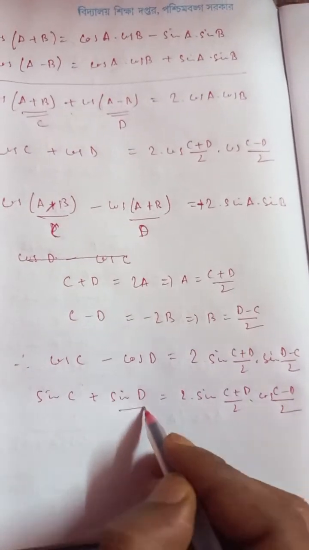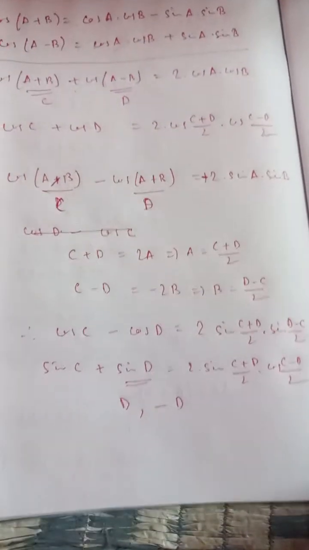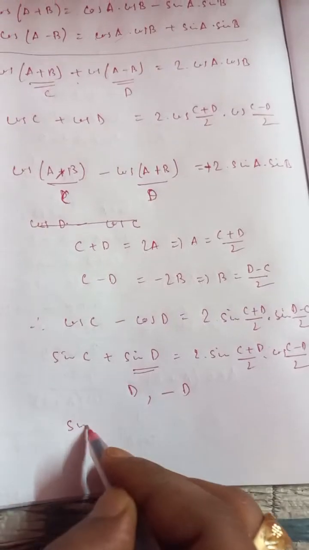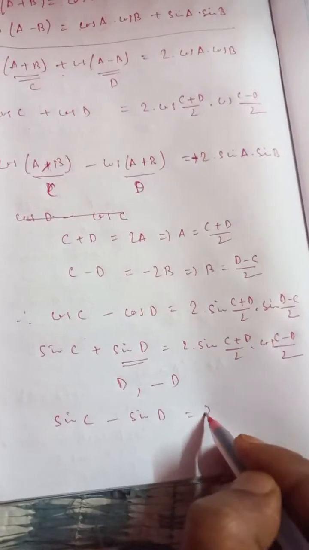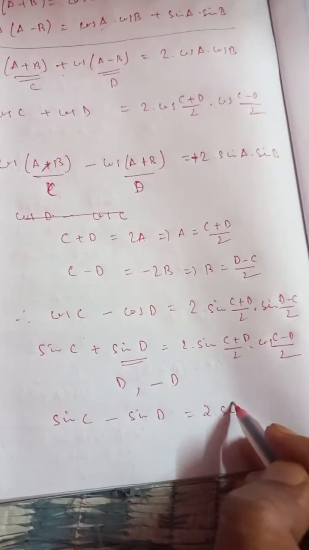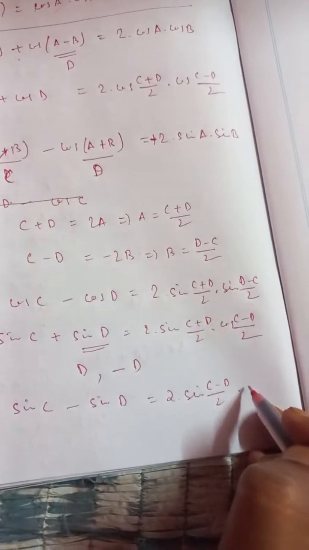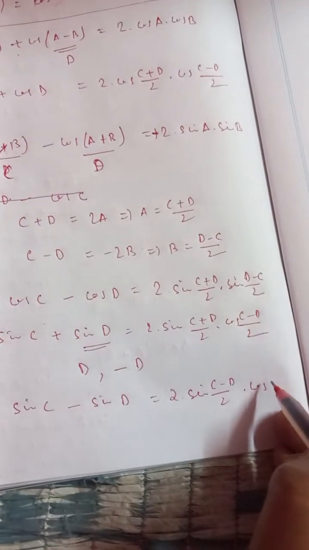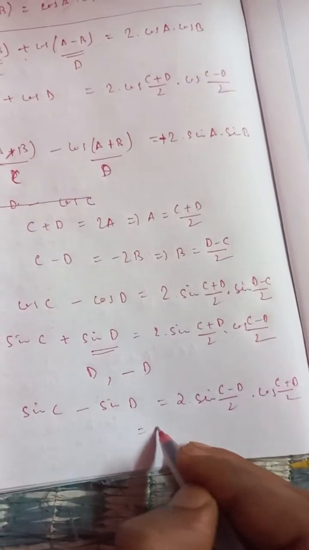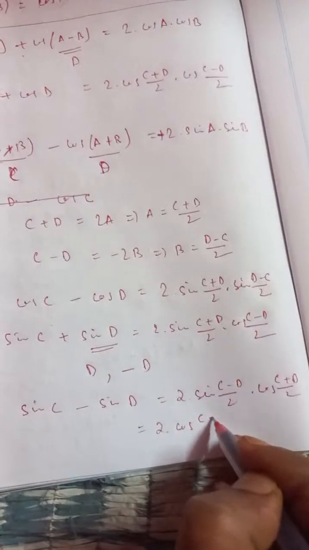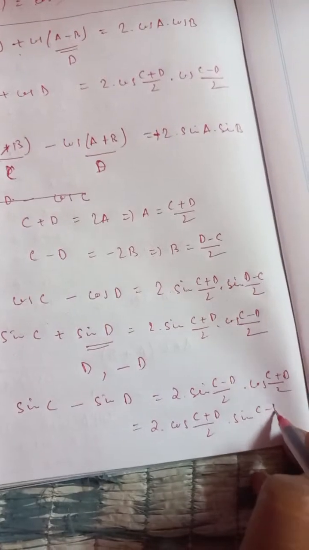If we replace D by minus D, then sin C minus sin D is equal to 2 into sin (C minus D by 2) into cos (C plus D by 2), or we can write 2 into cos (C plus D by 2) into sin (C minus D by 2).